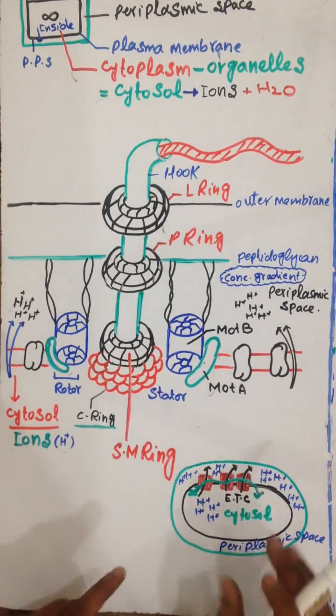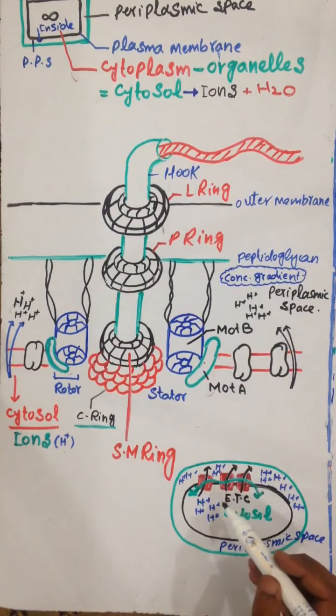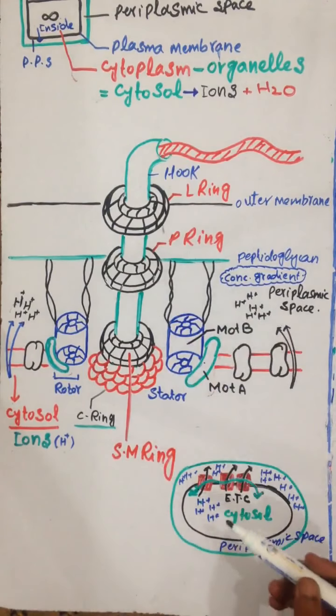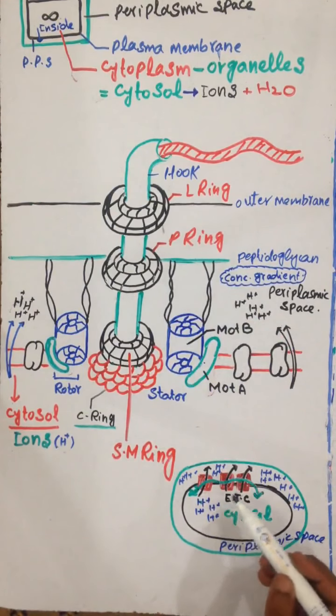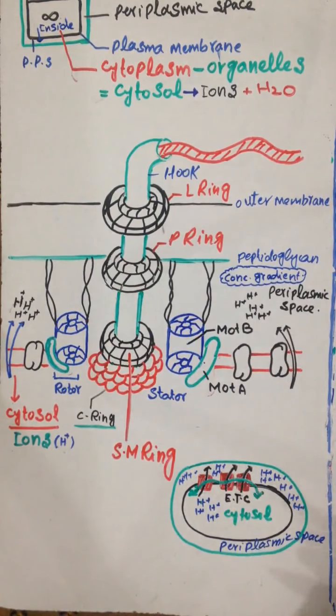Listen carefully, this is a very basic concept that you have to understand before taking the detail of flagellar movement, that is, how energy is converted. Law of conservation of energy: energy can never be created, can never be destroyed, but can be changed from one form to another.